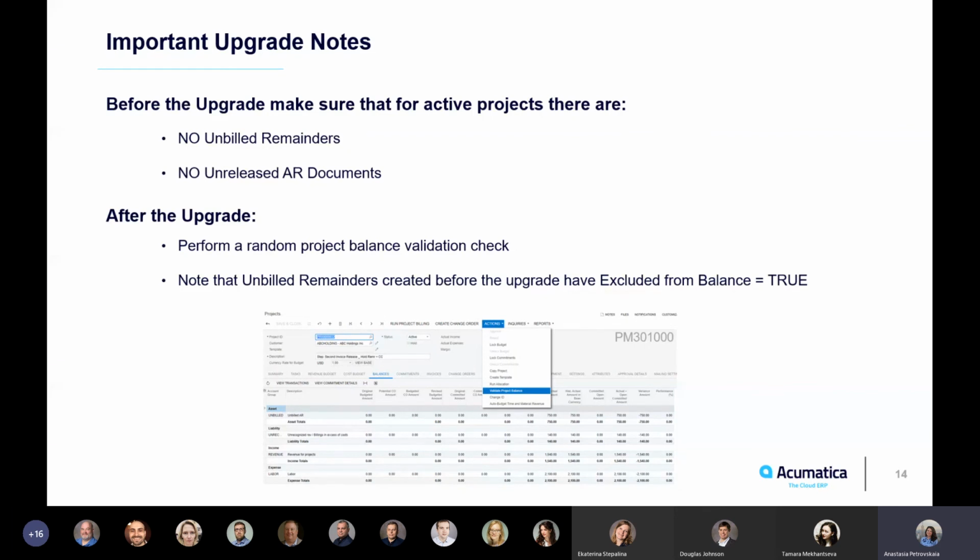It is important to make sure that before the upgrade, the users for the active projects do not have any unbilled reminders and unreleased IR documents. Because with the upgrade, if there are any unbilled reminders left, especially together with unreleased documents, the system behavior could be unpredictable.